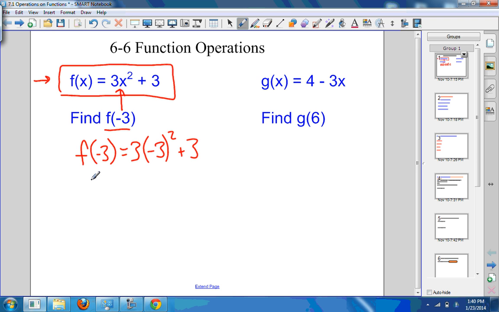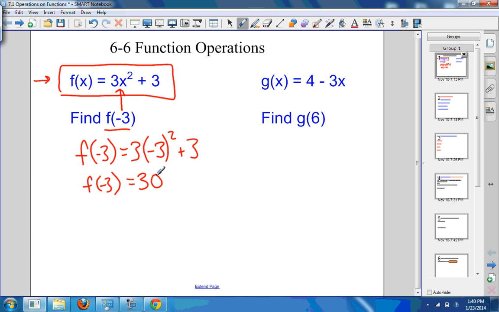And then we can solve that down. f of negative 3 is equal to: negative 3 to the second power is positive 9. Positive 9 times 3 is 27. 27 plus 3 is 30. So f of negative 3 is equal to 30.